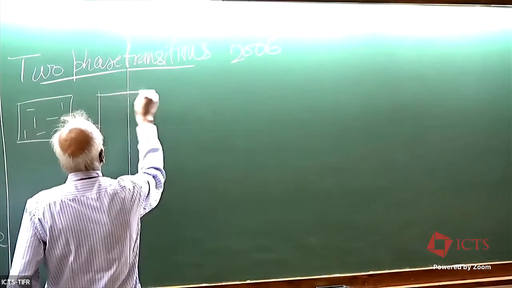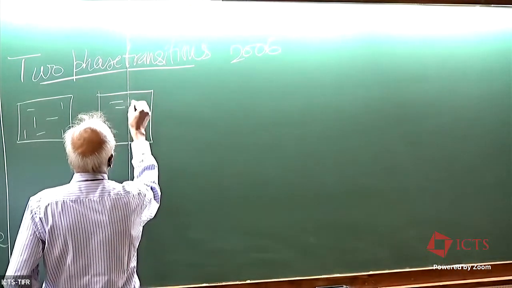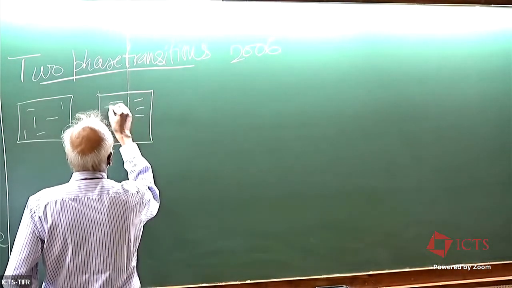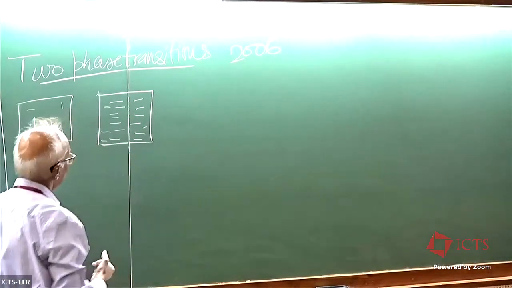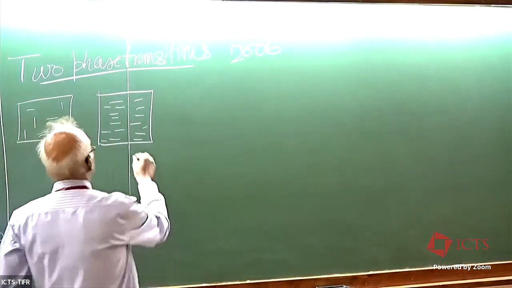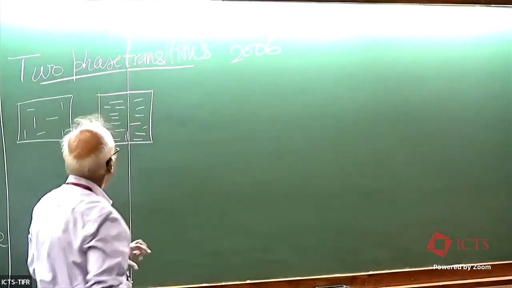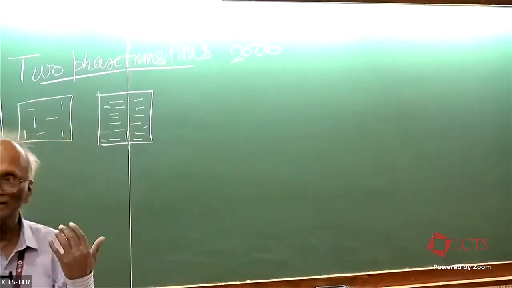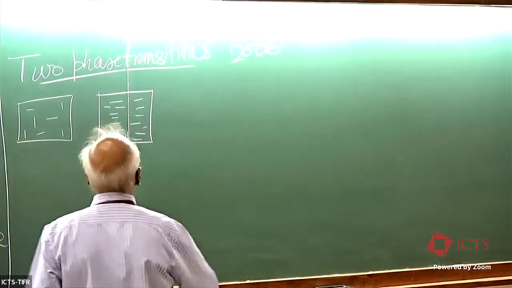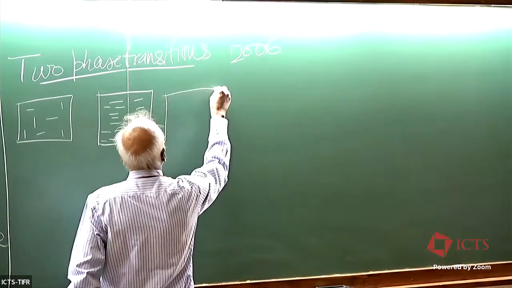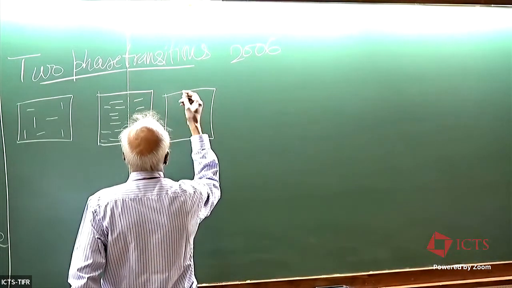At intermediate density, you get a phase like this. There are a few rods in the vertical direction, but there is almost perfect orientational order. And then if you go to very high density, then you get a phase like this.